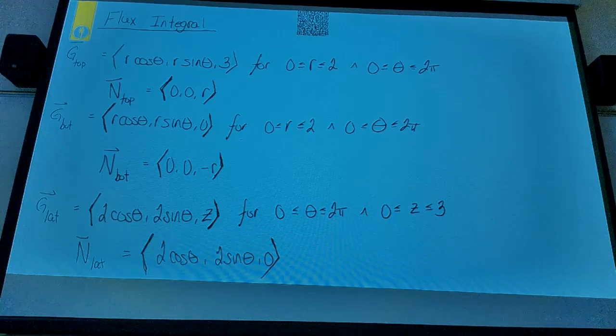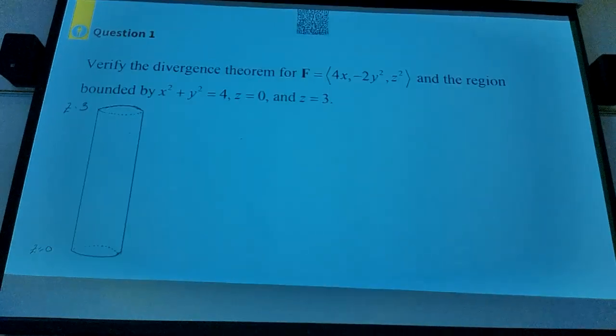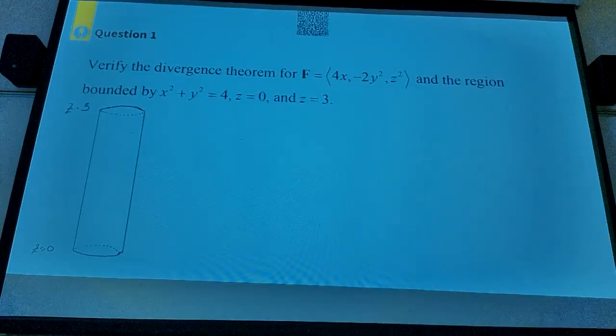That was the whole part. Where are you getting it was 4x negative 2y squared z squared?